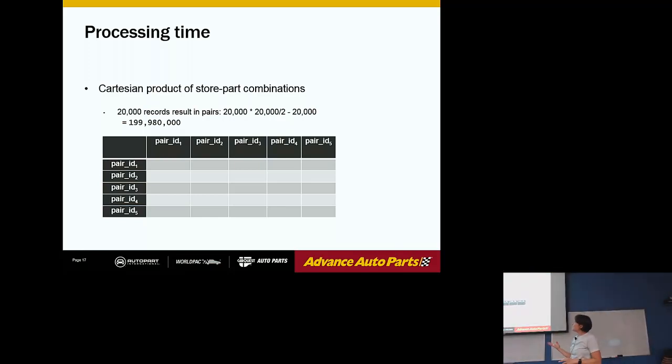So in case you had 20,000 records, not taking the ones which are repeating, you would still have 20,000 multiplied by 20,000, divided by 2 because you don't want the repeating ones, minus 20,000 because you don't want the diagonal, and you still end up with about 200 million records, which is a lot.